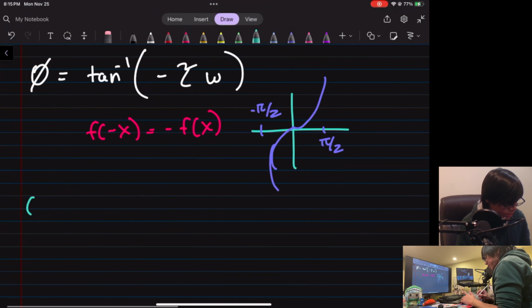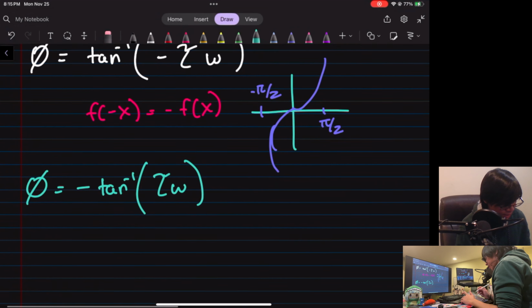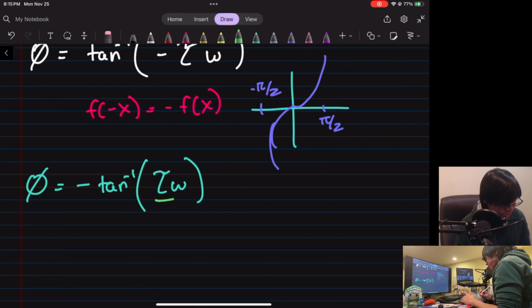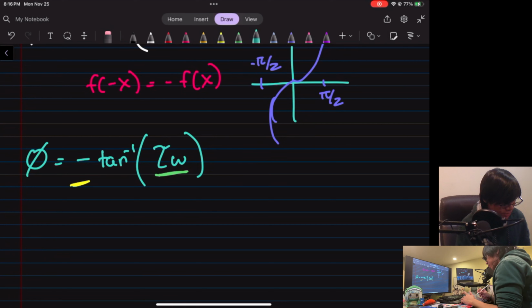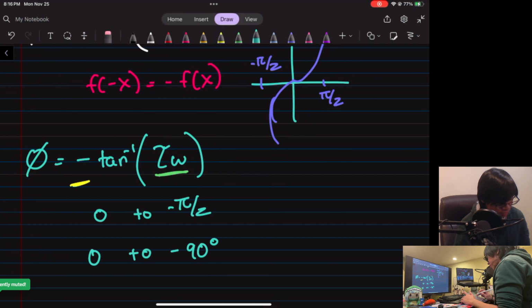So this would actually be negative arctangent of tau omega. And now, since we're normally given positive values, we would think we're here, but we have the negative sign in front. We're actually in the negative quadrant. Both of them are negative. And since we're only given positive inputs, it would go from 0 to negative pi over 2 in radians, which would be 0 to negative 90 degrees in degrees.